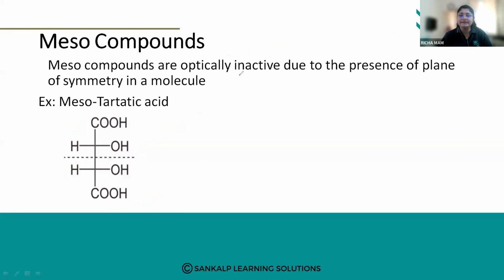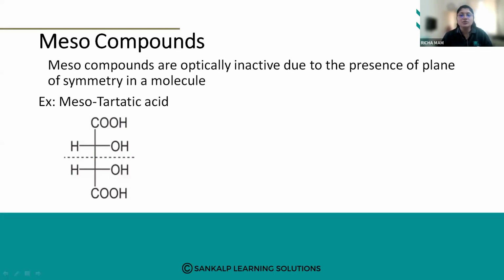Okay, is it clear? What are meso compounds? These are some of the important aspects which we are going to use. We have already seen SN1 and SN2 mechanism, and there I explained what is retention and what is inversion.